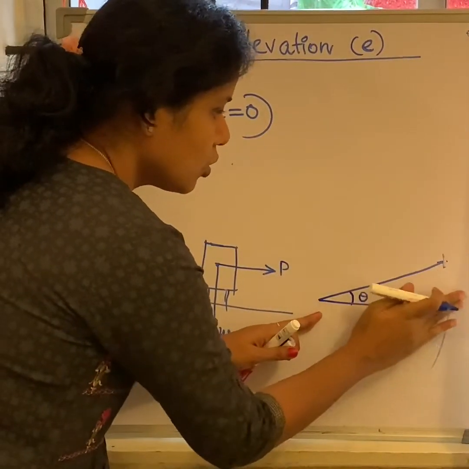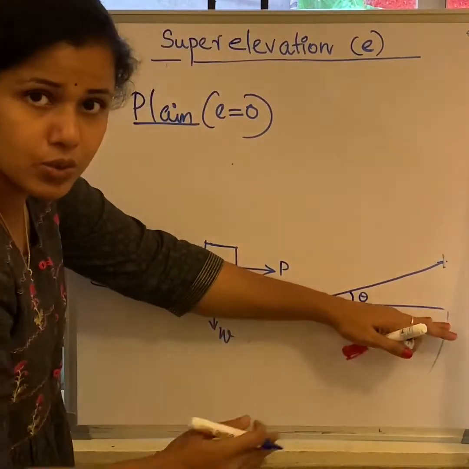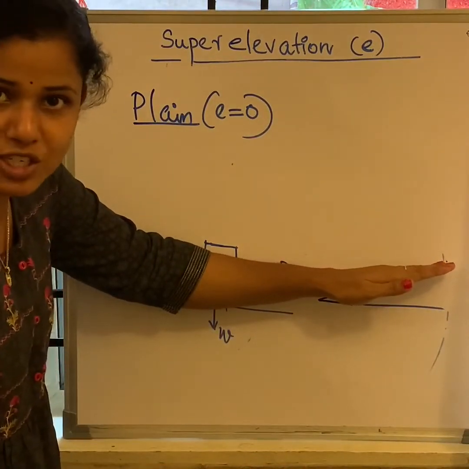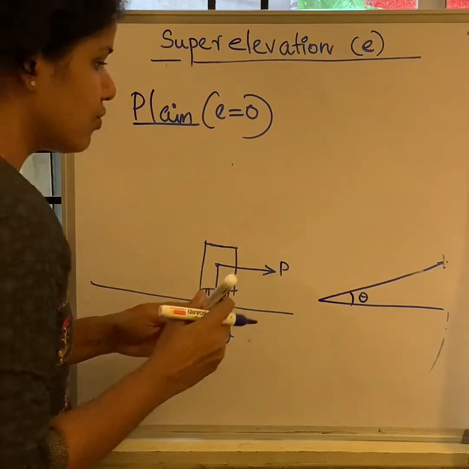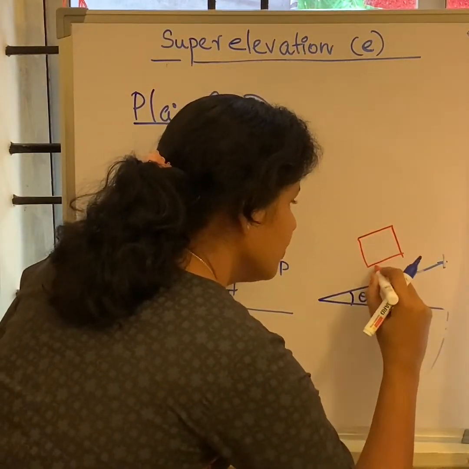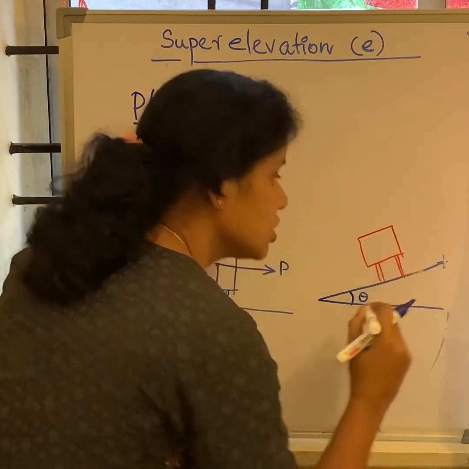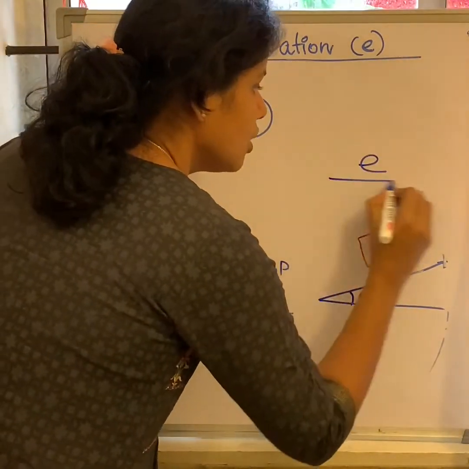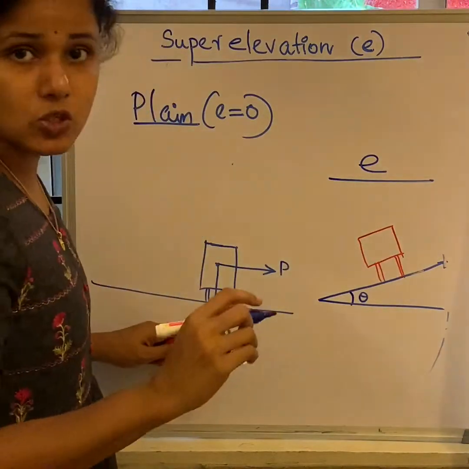Your surface is not horizontal now because you have raised it to this inclination. If you keep your vehicle with the super elevation, the vehicle positioning will be like this. So this is the case of a horizontal circular curve with super elevation.